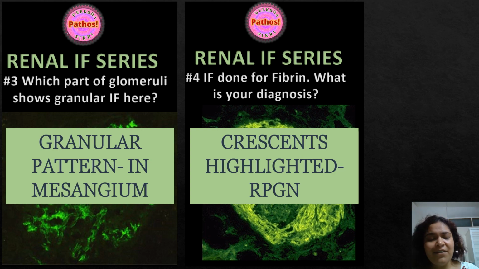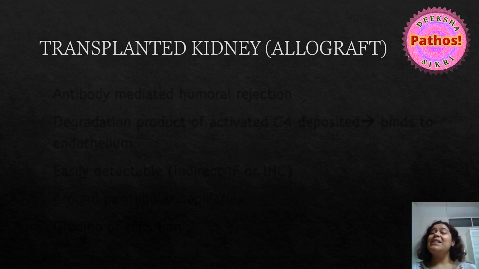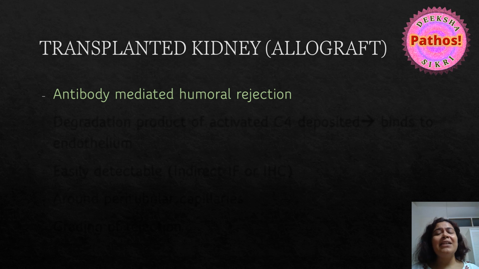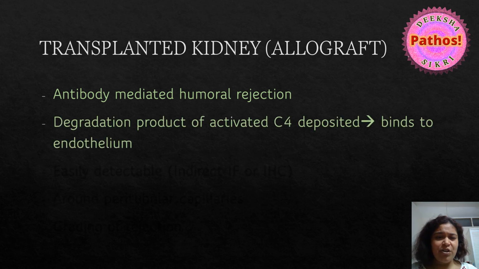This is RPGN. Now, just as an added extra edge, in a transplanted kidney, an allograft, when rejected, we also do immunofluorescence to look for something. So it's an antibody mediated humoral rejection. When we are looking at immunofluorescence, we are looking for antibody mediated humoral rejection. Because of activation of complement, there are degradation products of complement 4 deposited, which bind to the endothelium of the capillary loops.